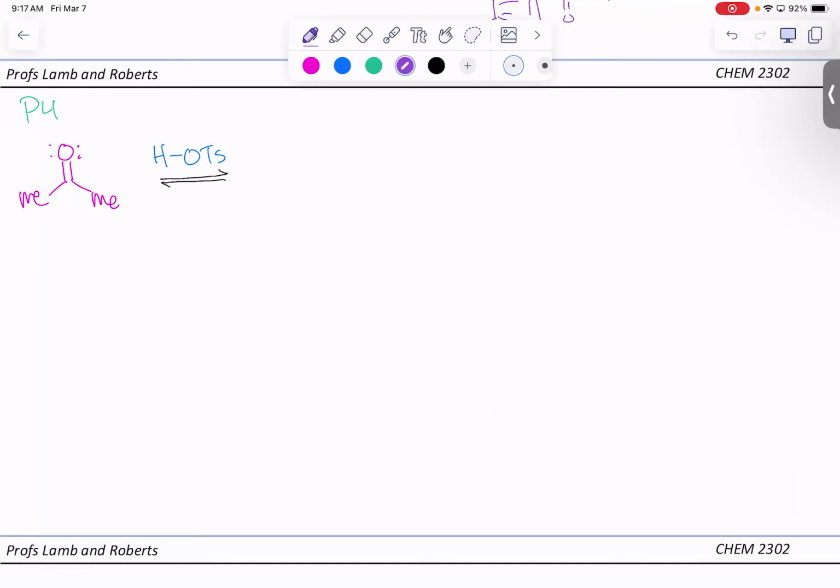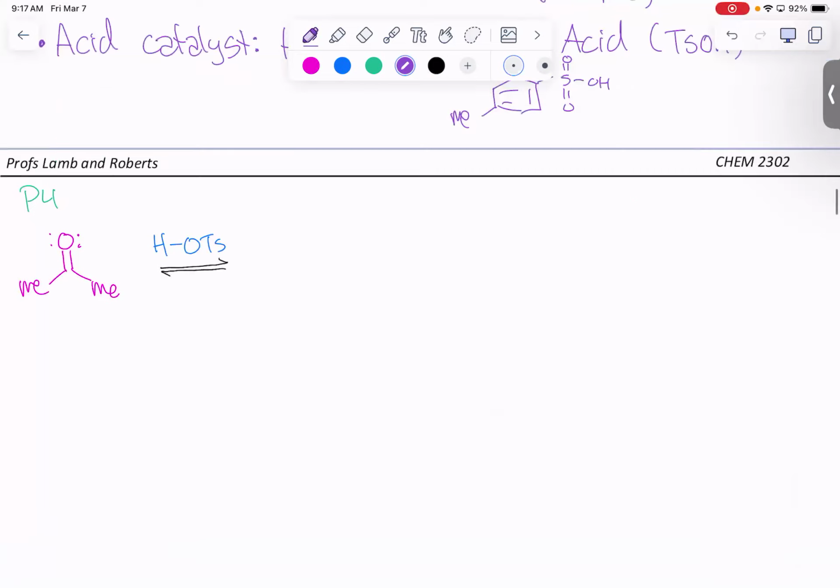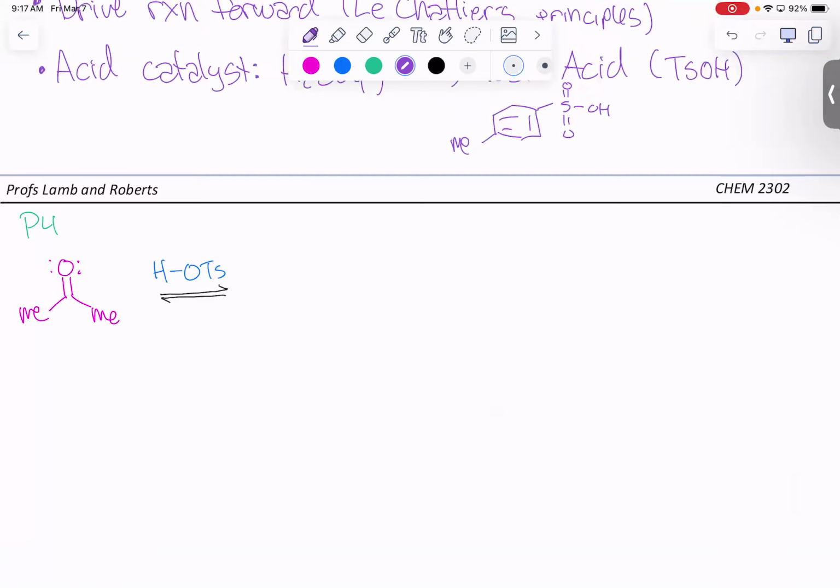But first here, if we take a look at the structure of tosic acid, it looks pretty acidic, right? We have all these electron withdrawing groups ready for that H to be deprotonated. And so we can go ahead and take the lone pair of electrons on our oxygen, attack that H, break that OH bond, and give that back to our tosylate, which would be our counterion.